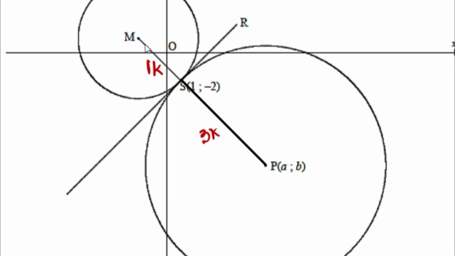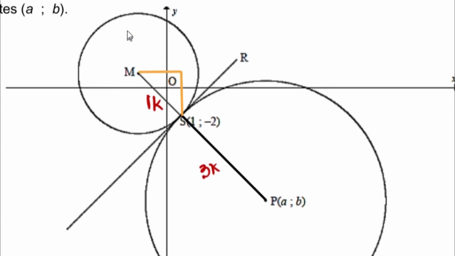Now what I'm also going to do is create a right angle triangle. I'm doing this so that it can help me find my value for P. If I create a right angle triangle here, this will be parallel to the x-axis, so I draw a straight line, and I also draw a straight line here. Since the coordinate of M is (−2, 1), this is 90 degrees.